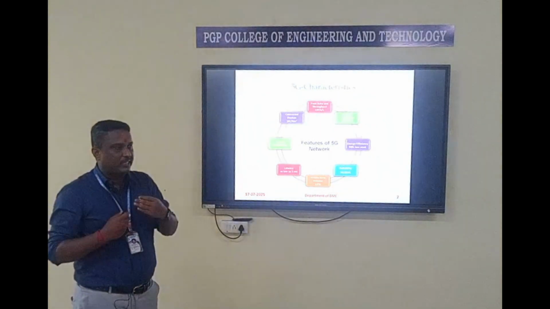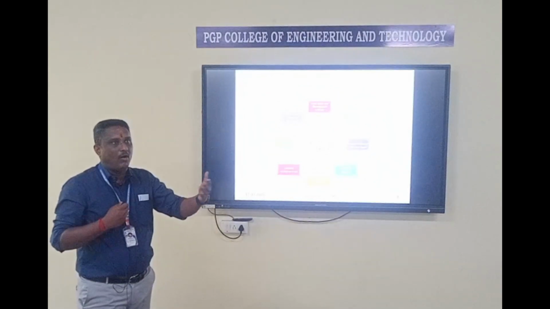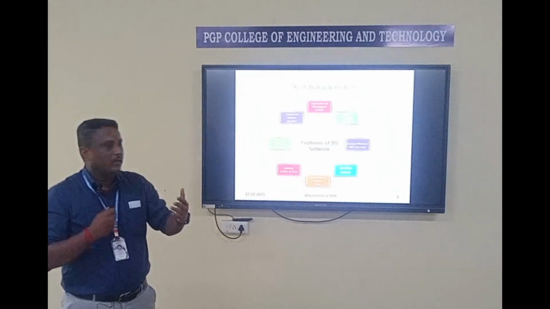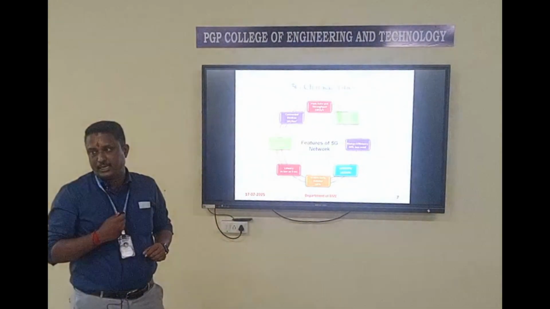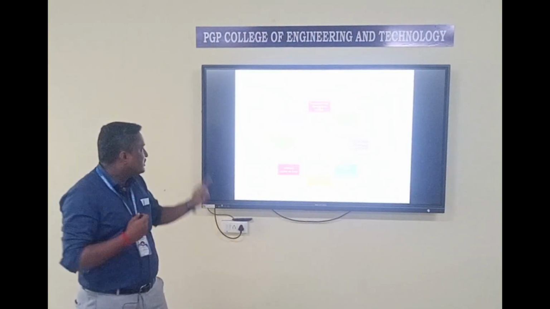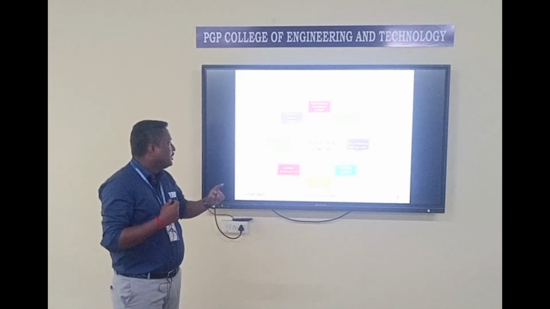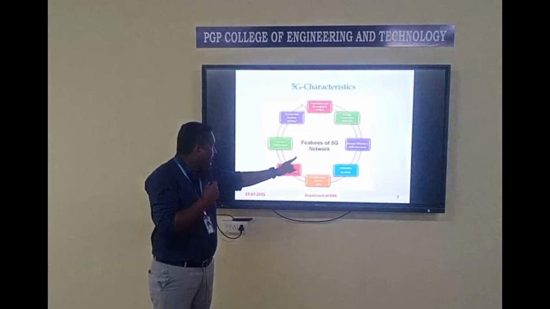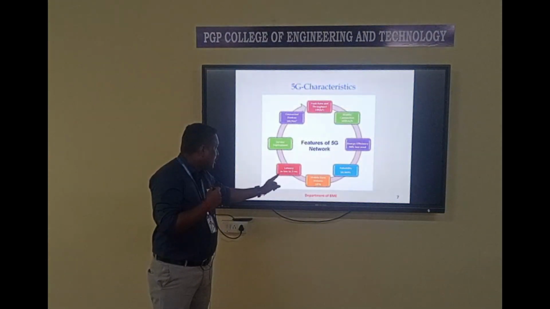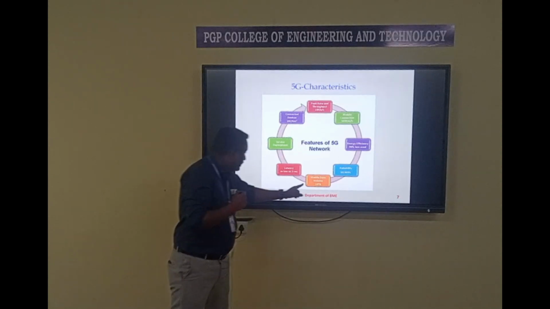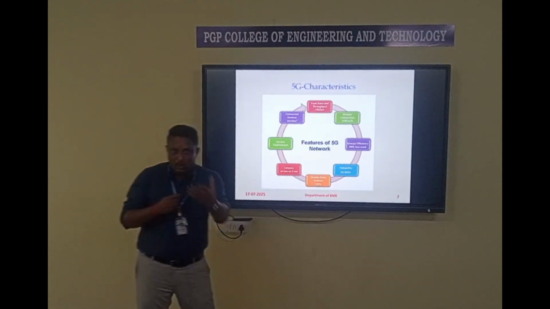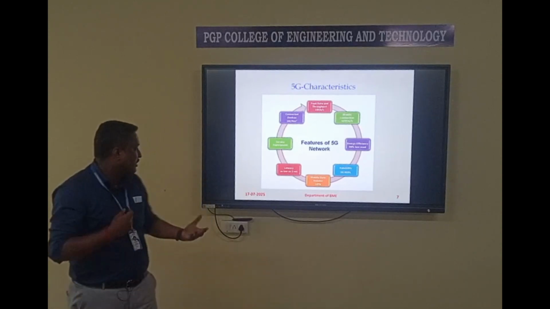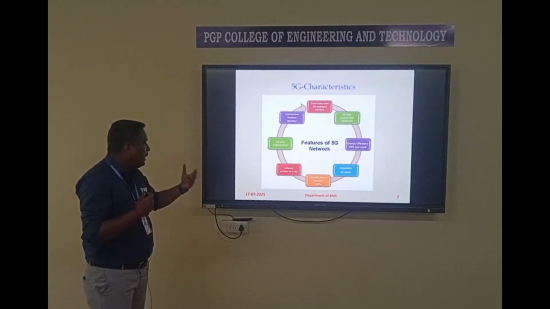For example, if you are traveling in a train or a car at 500 km per hour, the data speed is there in 5G technology. Energy efficiency is also 90%, and reliability is there. Mobile data volume is tens of terabits. This data volume is nothing but download and upload capacity.